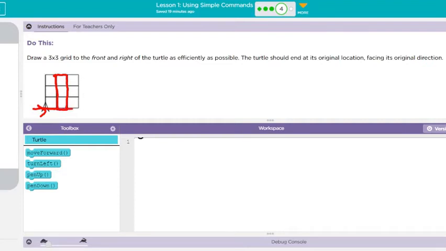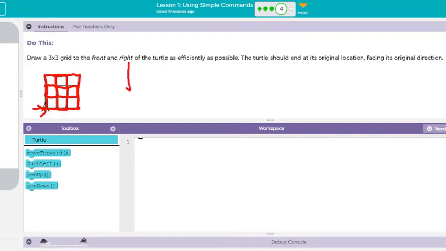I'm going to move forward 1, 2 spaces, turn left, move forward 1, 2 spaces, turn left, move forward 1, 2, 3 spaces, turn left, move forward 1 space, turn left, move forward 1, 2, 3 spaces, turn left, move forward 1, 2 spaces, turn left, move forward 1, 2, 3 spaces, turn left, move forward 1, 2, 3 spaces.